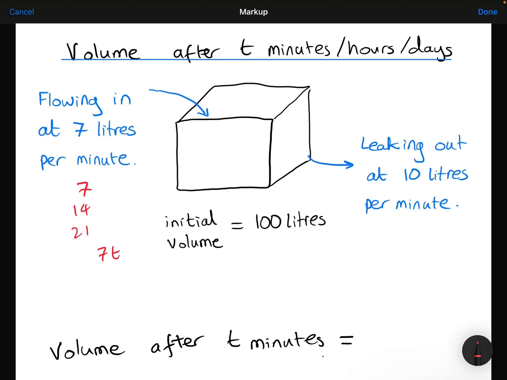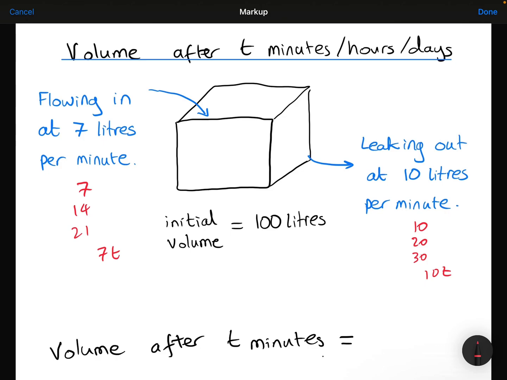At the same time, we've got 10 litres per minute leaking out. So after 1 minute, 10 litres have leaked out. After 2 minutes, 20 litres have leaked out. After 3 minutes, 30, and so on. So generally, after t minutes, 10t litres have leaked out.